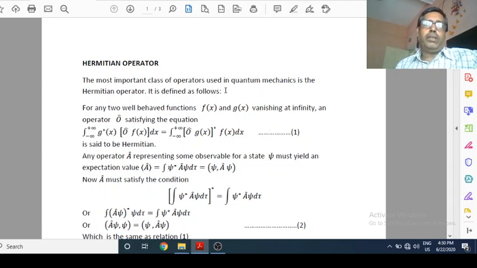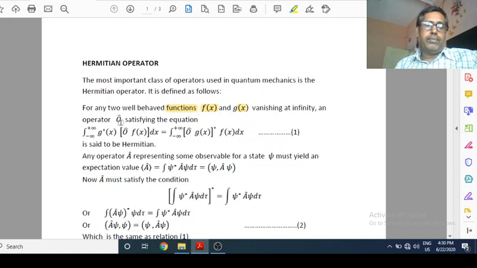Now, the question is how to define it. See here, we are going to define the Hermitian operator. For any two well-behaved functions f(x) and g(x) vanishing at infinity, an operator satisfying the equation here: the integral from minus infinity to plus infinity of g star(x), you may say star, operator f(x) dx, equals the integral of operator g(x) times f(x) dx.